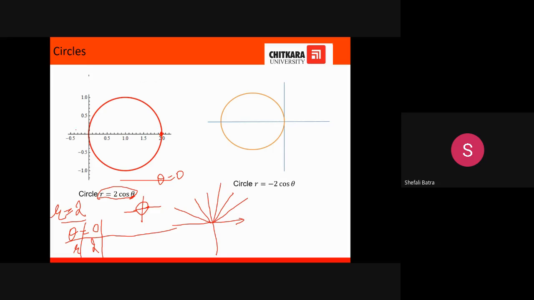Done? And then let us see, this is the line theta is equal to pi by 4. If I put theta is equal to pi by 4, what will be the value here? 2 into 1 by root 2, since cos 45 is 1 by root 2.